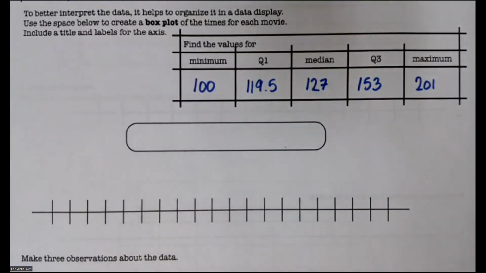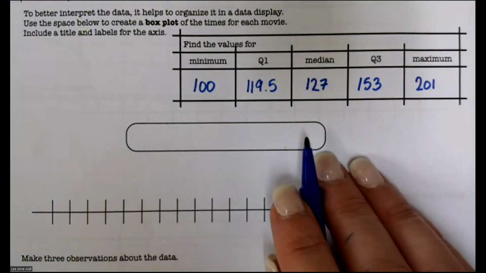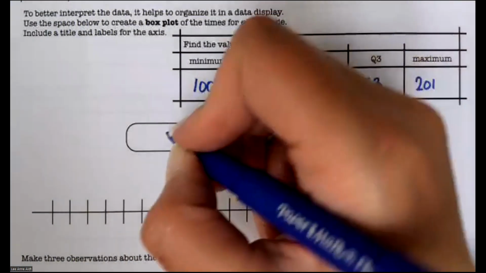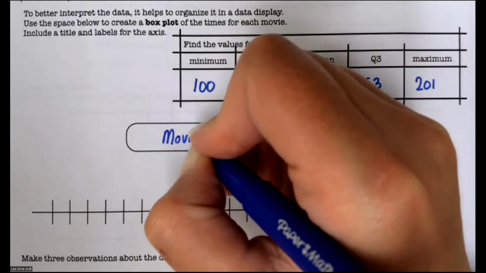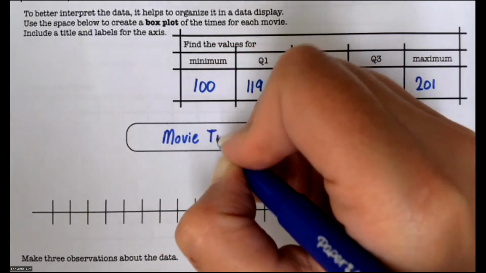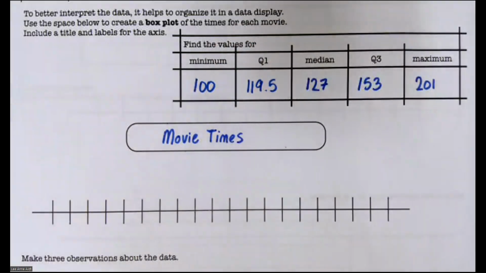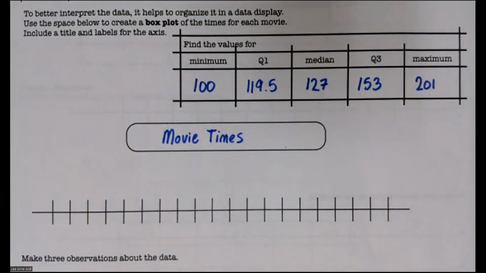Right. Now it says that we need to write a title here. Okay, this is how you make a box plot.